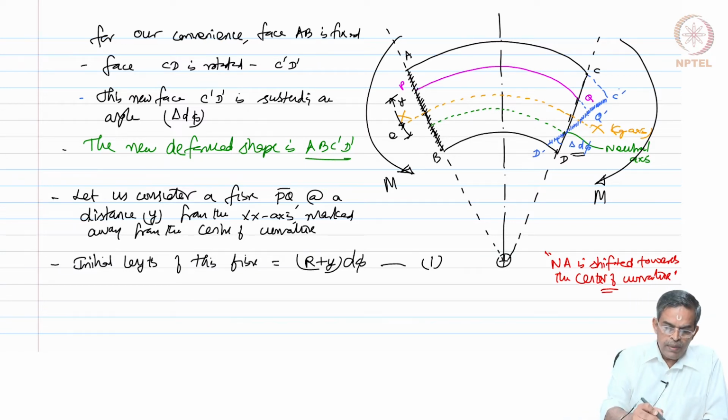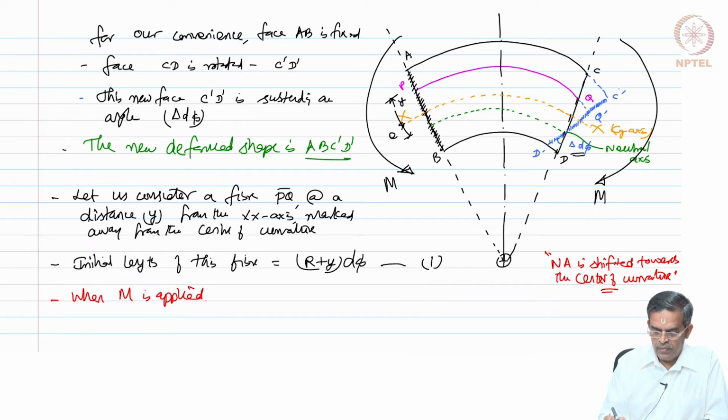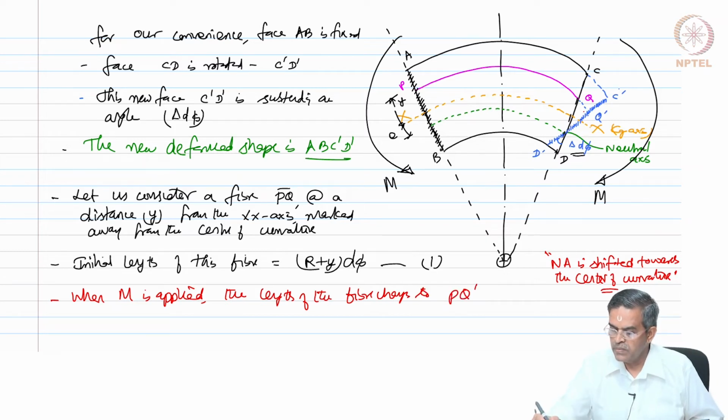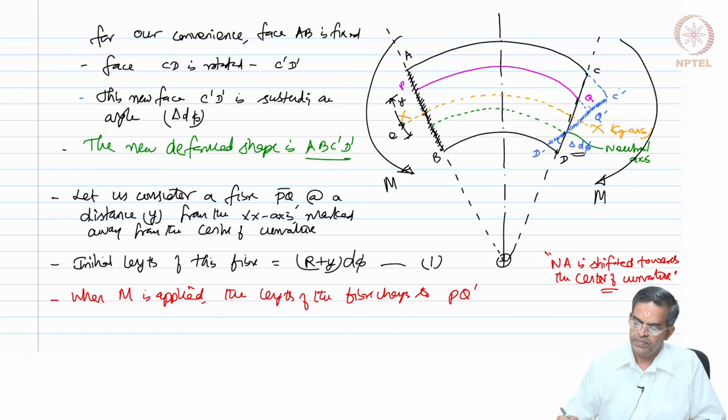Now, when M is applied, the length of the fiber changes. To PQ dash, you can see here, this has become PQ dash. Q has moved to Q dash.